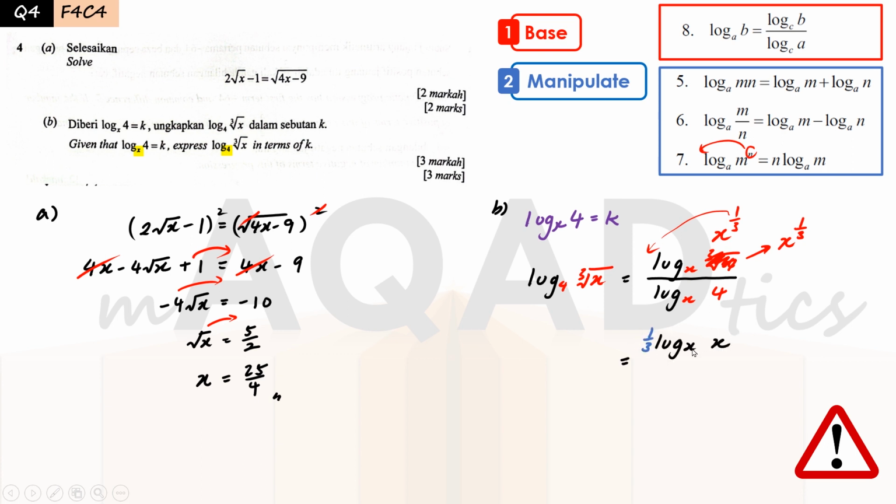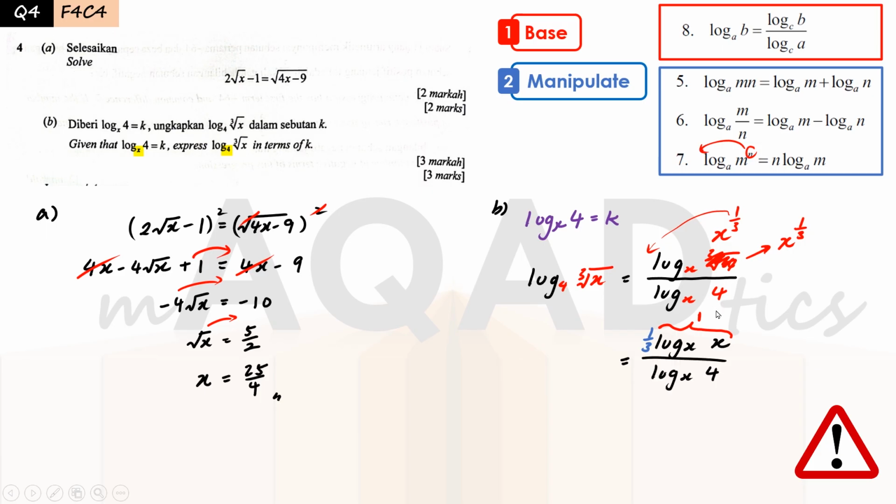So now the logarithm has the same base and value. This also brings us to another characteristic of logarithm: if you see the value and the base are the same, then the value is 1. So this later on will become 1.